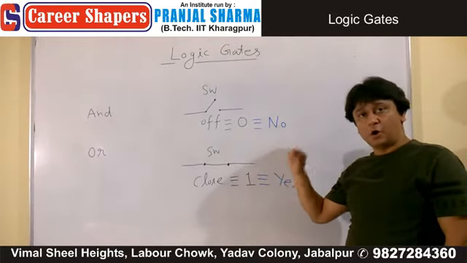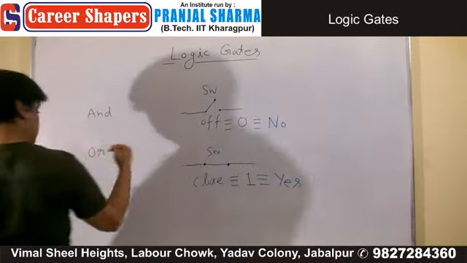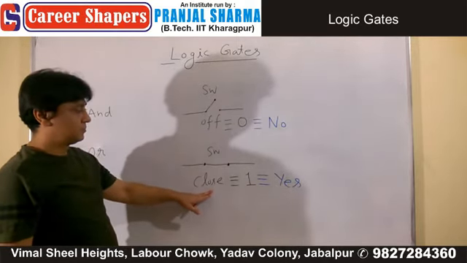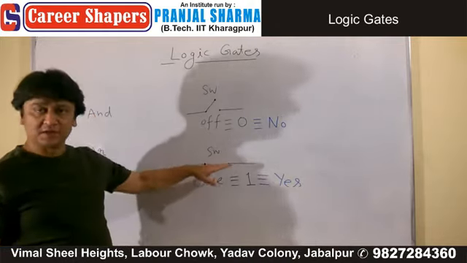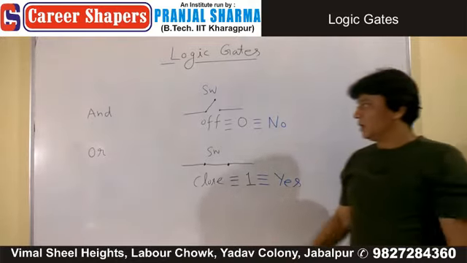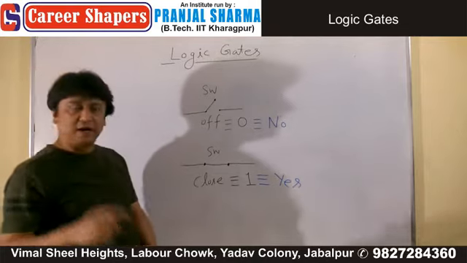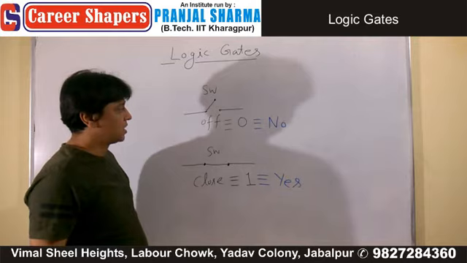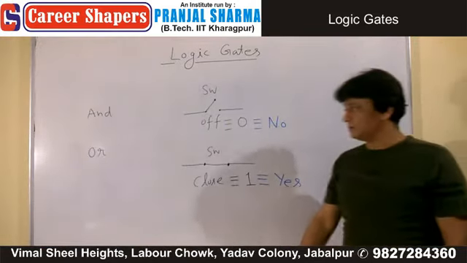If switch is on or closed, that is, a current is present, then numerical value of this statement is 1.